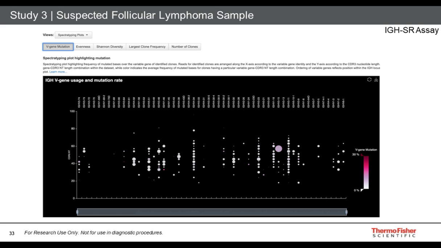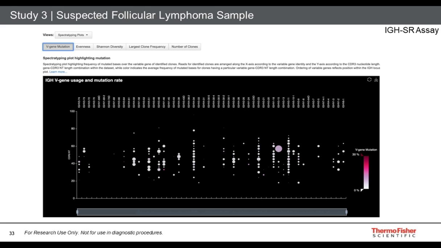But with follicular lymphoma, it's possible that the malignant clone could demonstrate ongoing somatic hypermutation, which could give rise to many subclones. In that case, we may observe an excess of clones having a particular variable gene CDR3 nucleotide length combination.